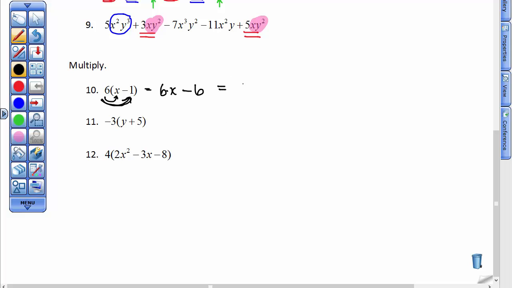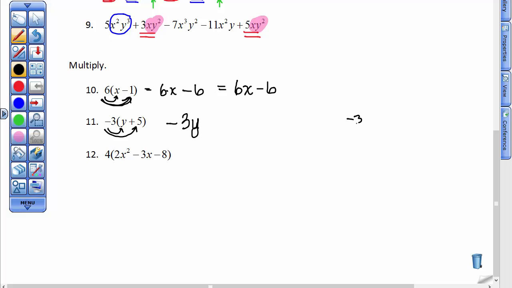I'm going to write it a little bit more cleanly. 6x minus 6. So here I'm taking a negative number and multiplying it by a positive letter. So that will give me a negative 3 times y when I multiply those together. This is a negative 3 times a positive 5.